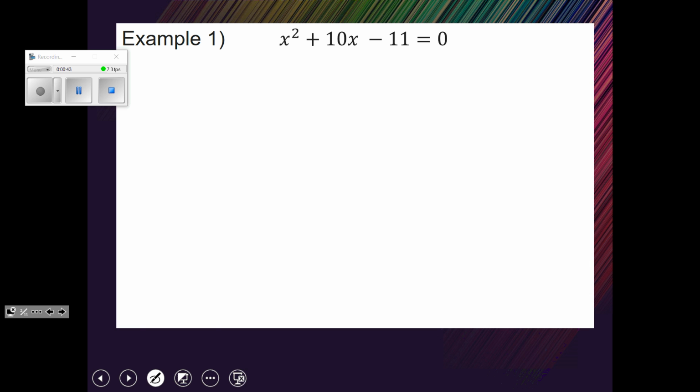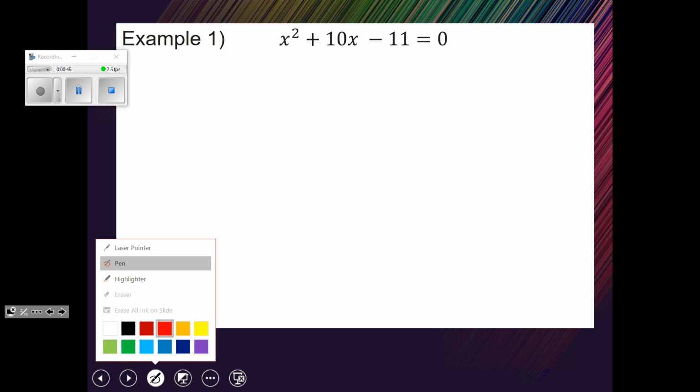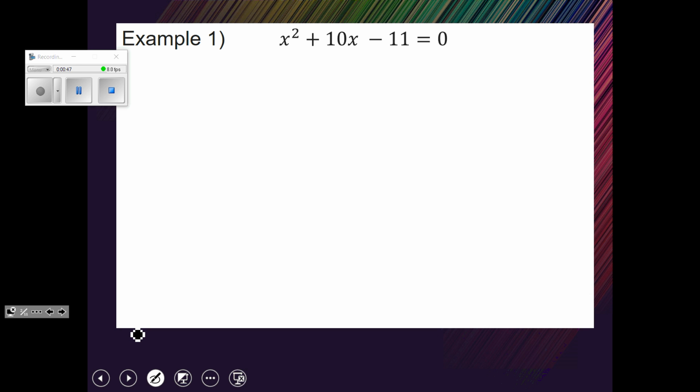All right. So our goal today is that we are going to make perfect square trinomials. When I square a binomial, and you don't need to write this part down, give me a binomial that I would square. x plus 3 squared, right?